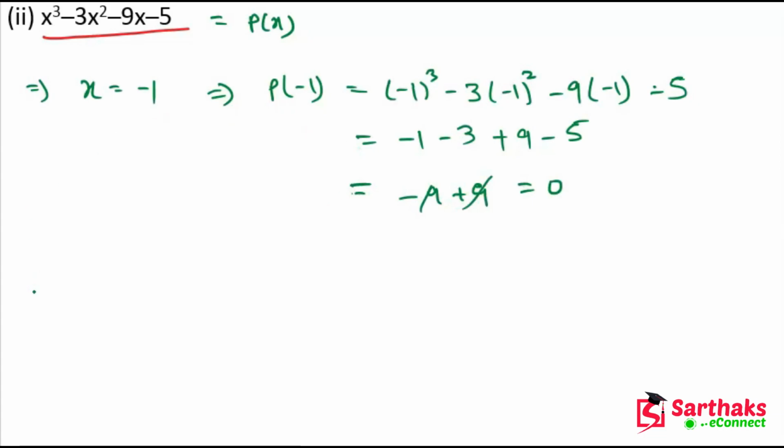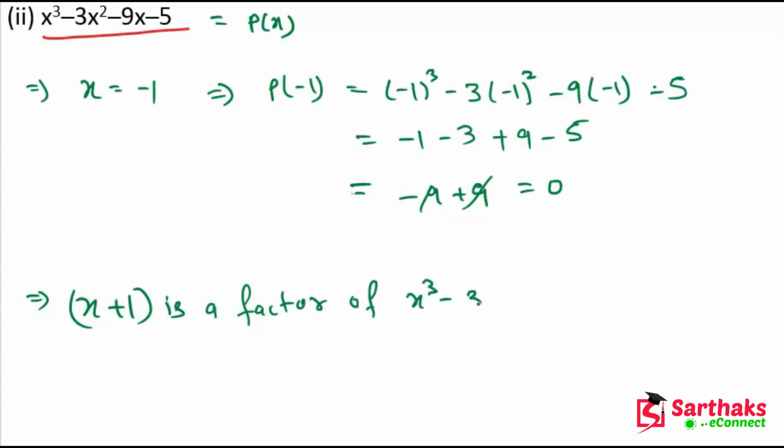So we can say that x plus 1 is a factor because the remainder is 0. By the factor theorem we can say that x plus 1 is a factor of x cube minus 3x square minus 9x minus 5. Okay, I hope you get this point my dear friends.